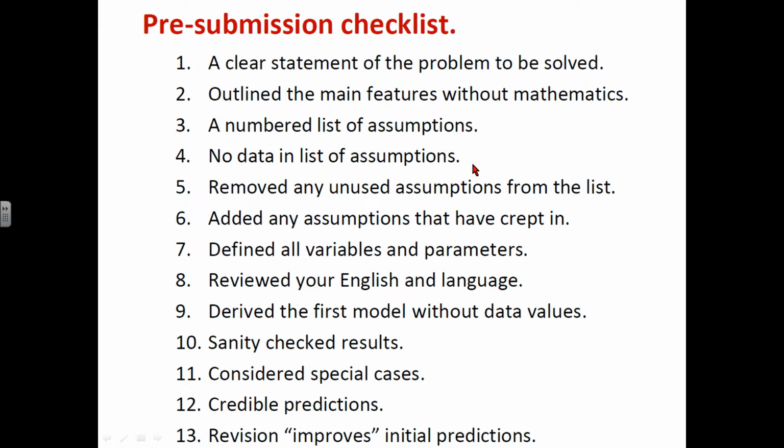In your assumptions, make sure that you've removed any numbers. From your featured list, drawing up assumptions, it's very easy to then incorporate assumptions that aren't actually referred to in the report. On the whole, the majority of the assumptions will be referred to in formulating the model, but the assumptions might be referred to elsewhere.